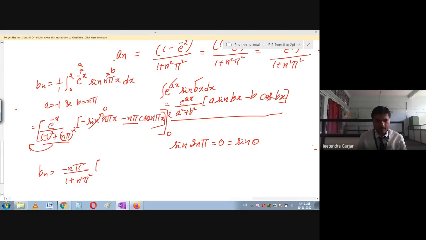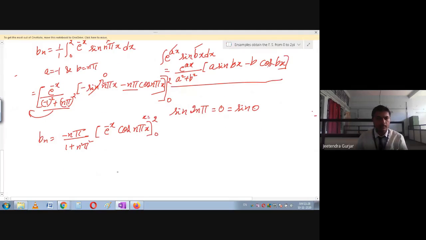What x terms are remaining here? e raised to minus x and cos n pi x are remaining, because I have to substitute x is equal to 2 and x is equal to 0, students. Now please substitute the values. So bn is equal to minus n pi upon 1 plus n square pi square, which remains as it is.